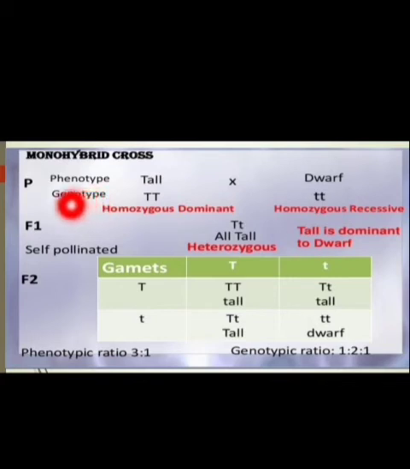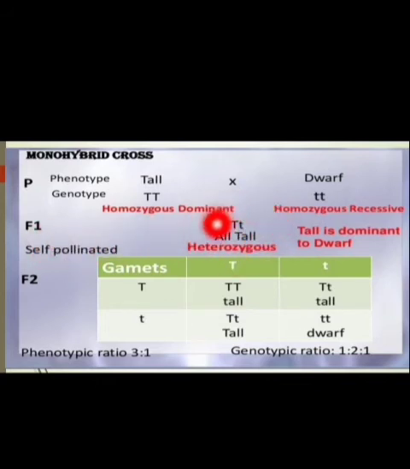Phenotype, see once again the terms: phenotype is the external appearance, that is tall, dwarf. Genotype, capital T, these are the alleles, small t. What is meant by F1 generation? When we take the cross between these two parents, it produces the gametes or the offspring, which is called the F1 generation.